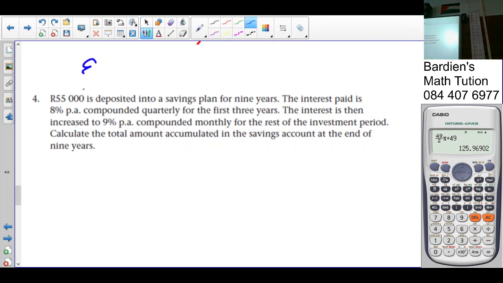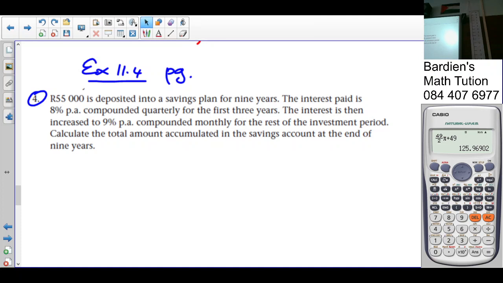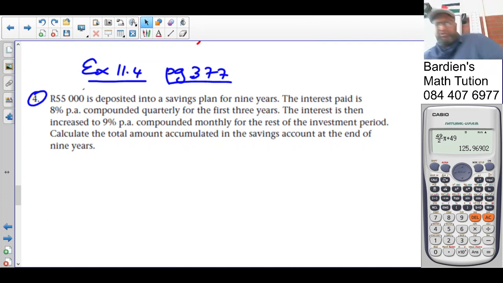Exercise 11.4, number 4 on page 377. Okay, and then out of exercise 11.5, any issues there?